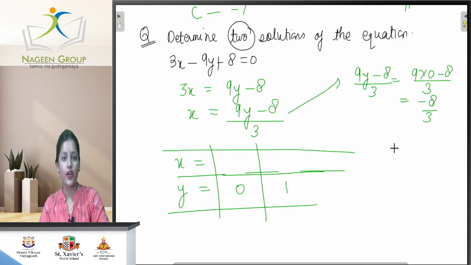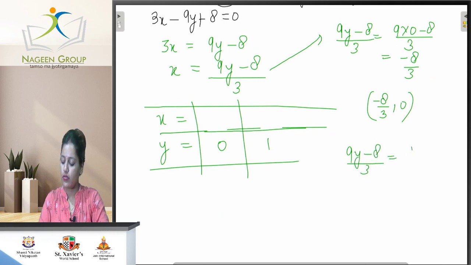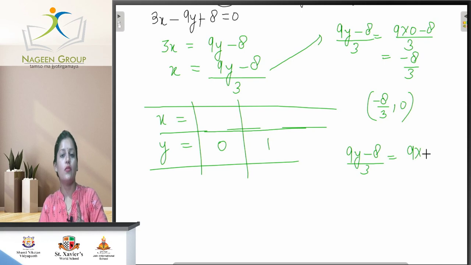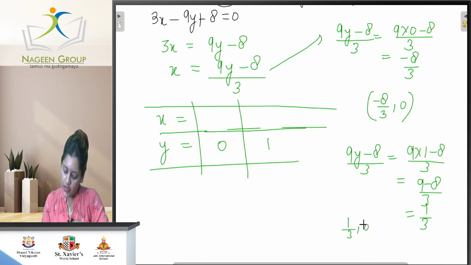And for the other solution, when we put the value of y as 1, (9y - 8)/3 is equal to (9 - 8)/3, that is 1/3. So the answer is (1/3, 1).